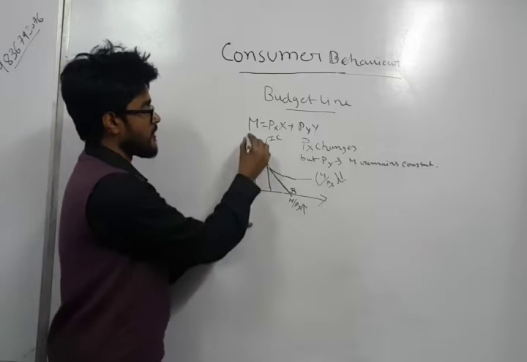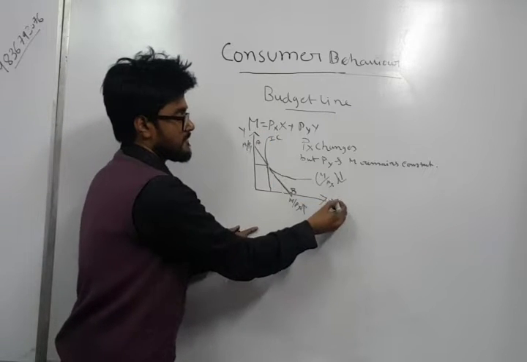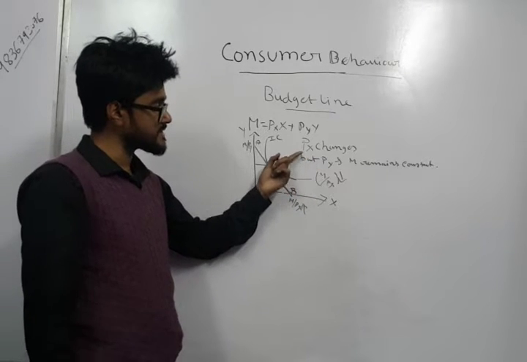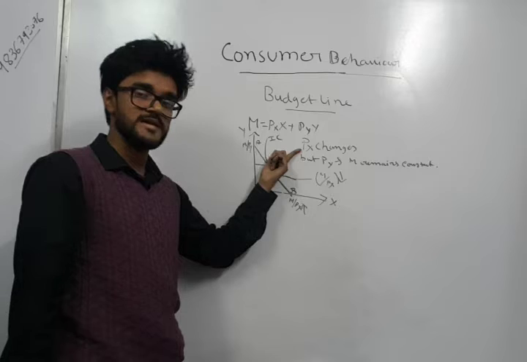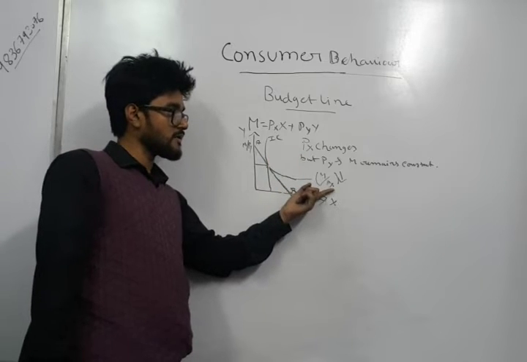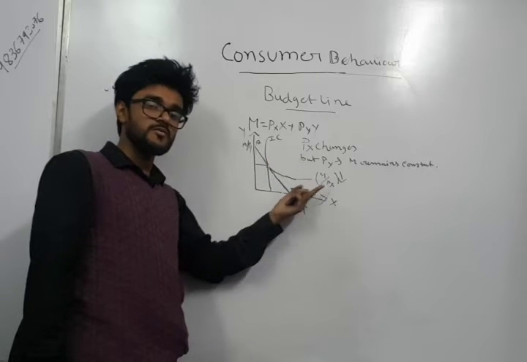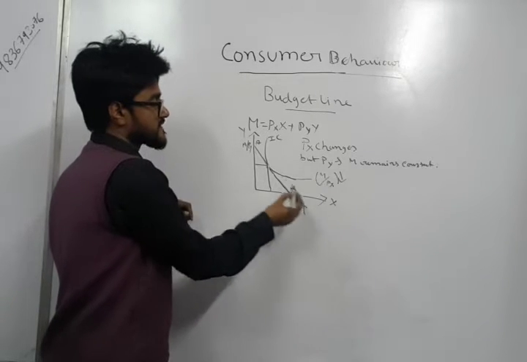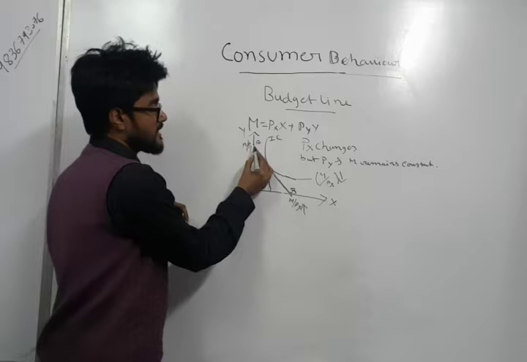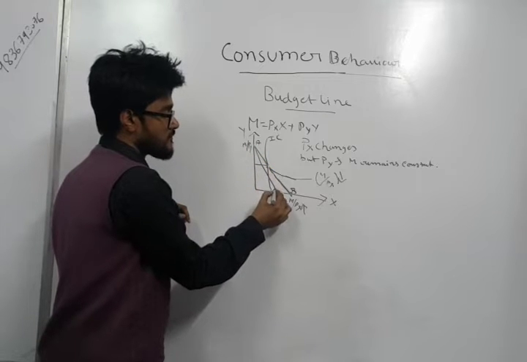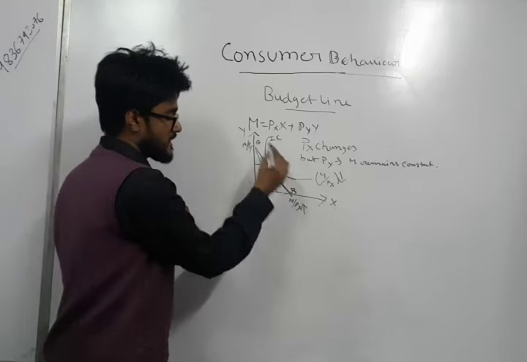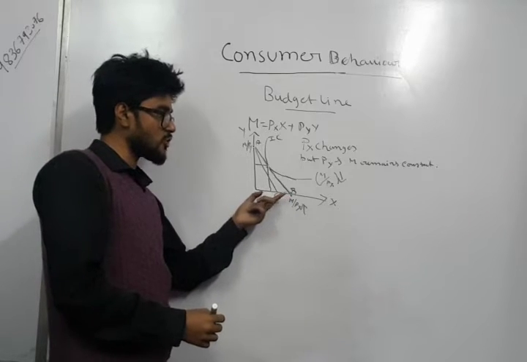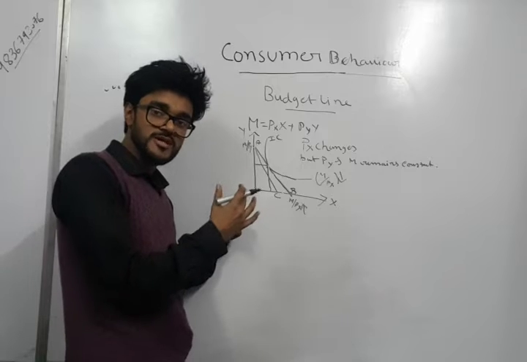It is also obvious from the basic concept of demand that when the price of a commodity increases, its consumption falls. So when the price of X increases, M by Px falls, and the budget line changes its slope, keeping the first point remaining here. AB now becomes AC. So the budget line changes its slope and becomes a bit steeper.